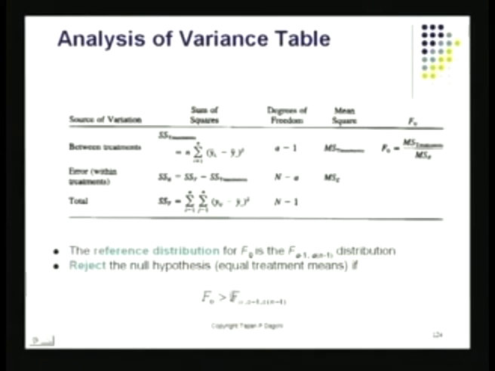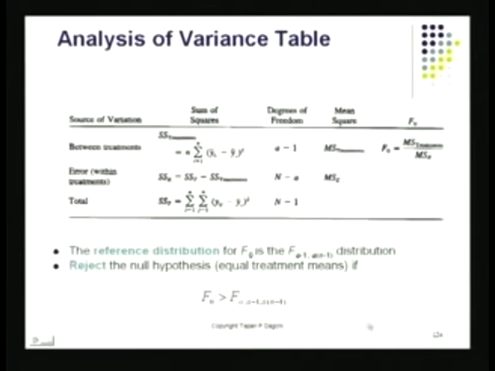I compare that to what we call the critical value at the chosen level of significance, which is the chosen level of type 1 error, alpha, for the appropriate degrees of freedom, which is a minus 1 and a times n minus 1. If this quantity is bigger than this quantity, that means this ratio, mean sum of squares due to treatment and MSE, is greater than the critical value.